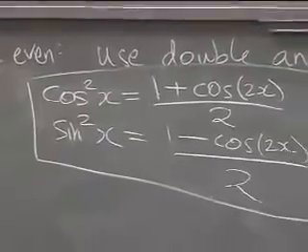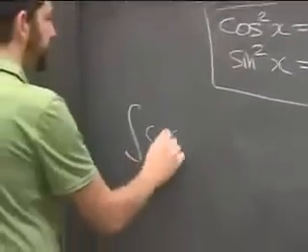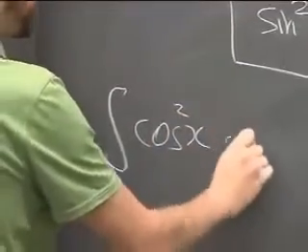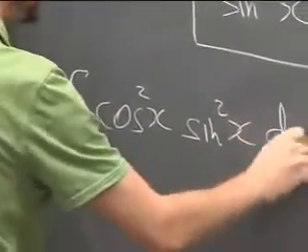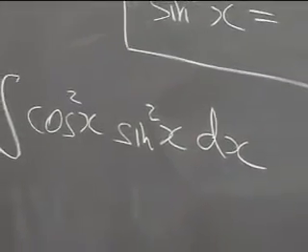So as an example, if you had to just do cosine squared x sine squared x, the temptation here is to use sine squared as 1 minus cosine squared or something like that, but it doesn't really help. It's actually going to waste time.